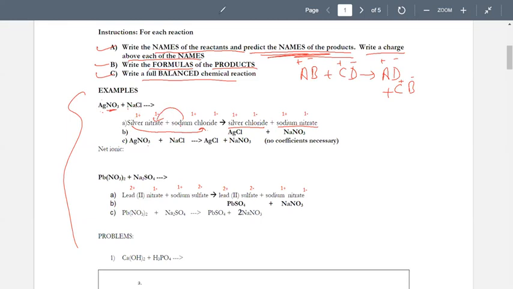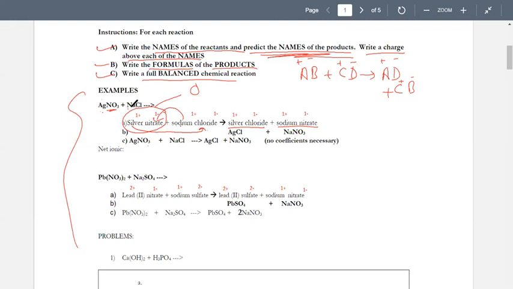So you can write positive here and negative here. One positive charge, one negative charge, and you know that the overall charge of this molecule has to be 0. Yes, so +1 and -1 makes it 0. So that means it's correct.